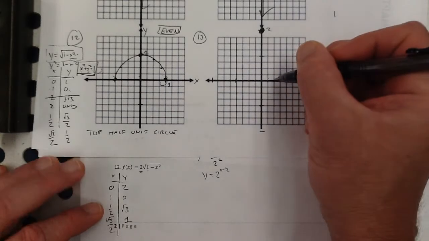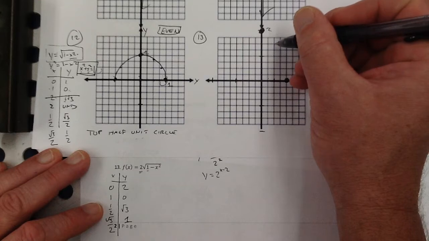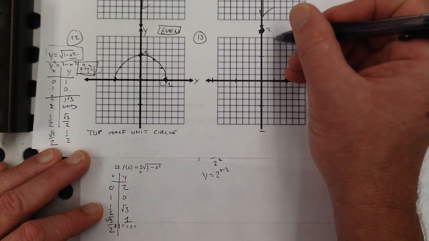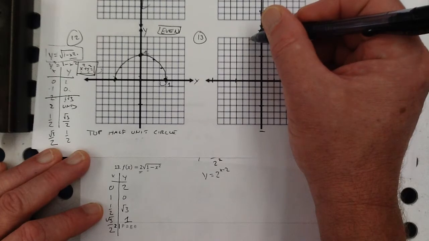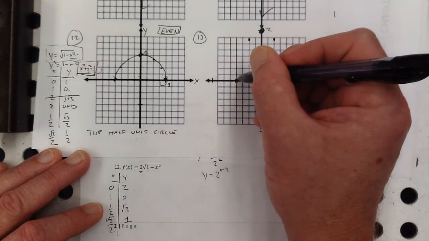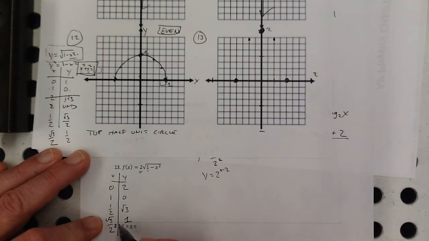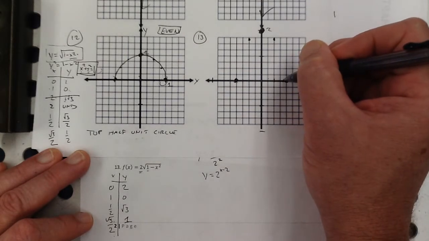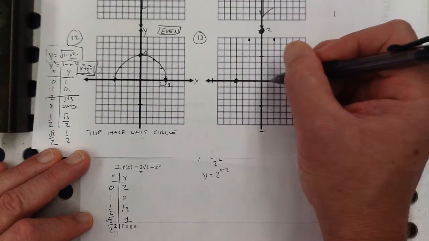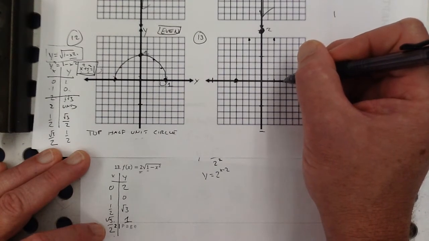When I plug in 1/2, I get the square root of 3, which is like 1.7, ish. So that's like up here somewhere. And then when I plug in -1/2, the same thing would happen. When I plug in -1, same thing happens. And if I plug in the square root of 3 over 2, which is like 0.86 or something, pretty close to this, getting up there, I get 1.